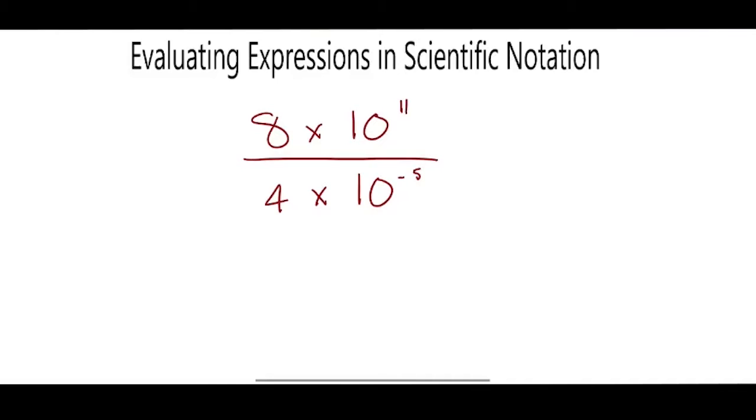So let's say I have 8 times 10 to the 11th over 4 times 10 to the negative 5th. Well, I could write this as 8 divided by 4 times 10 to the 11th minus negative 5.